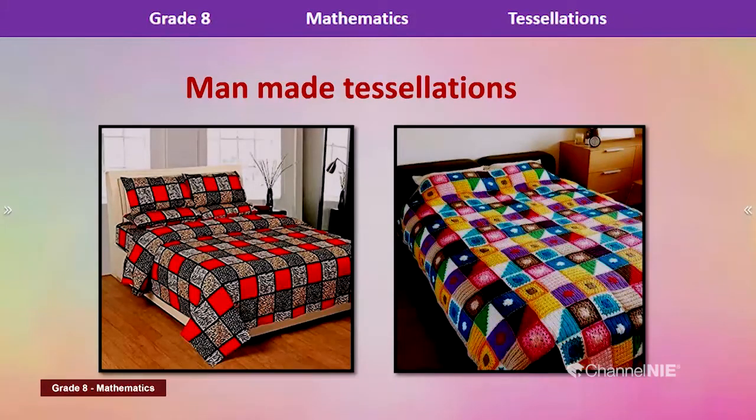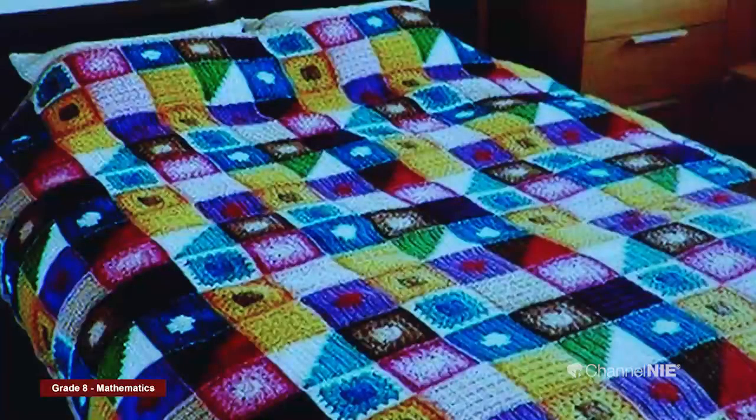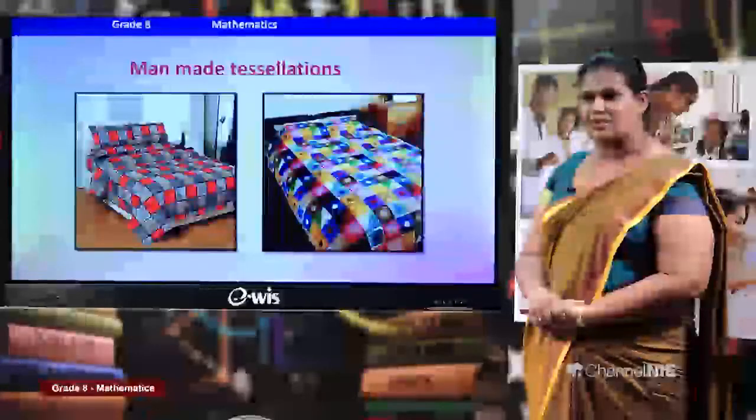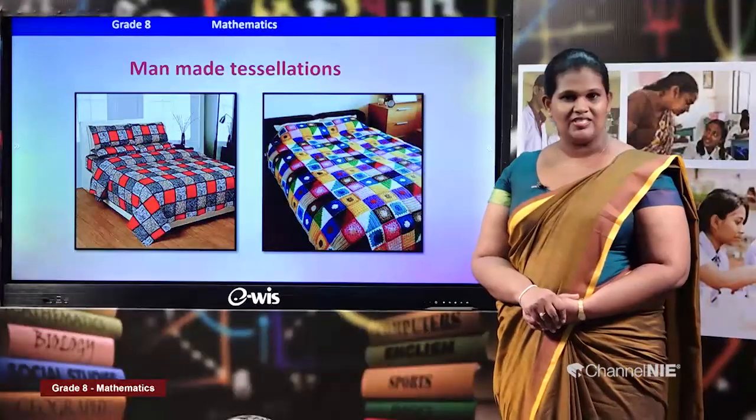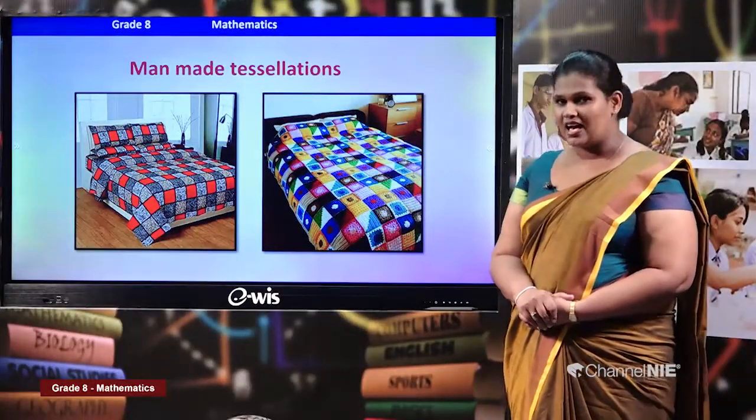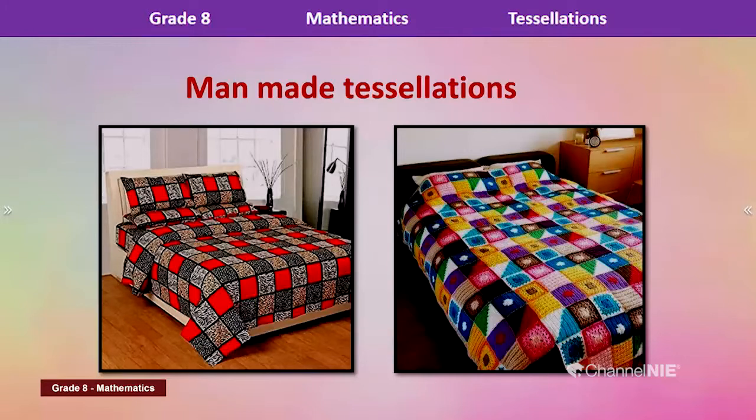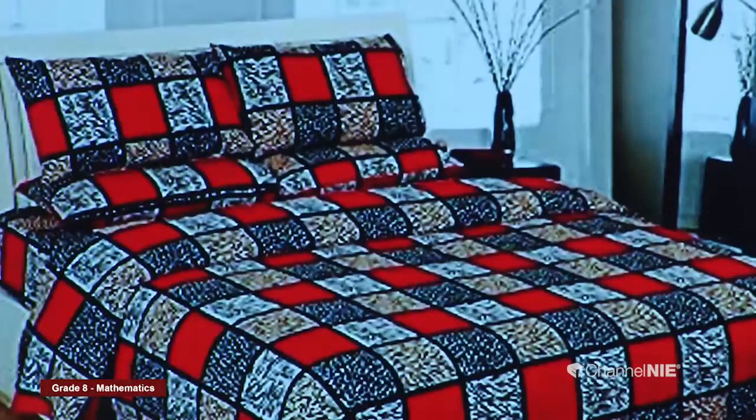Isn't that so? There we can see two types of tessellations using squares. They have used different colors to create beautiful patterns. Isn't that so? So, are these tessellations? Yes, they are. They are tessellations. Here they have used the shape of square to create beautiful tessellations.